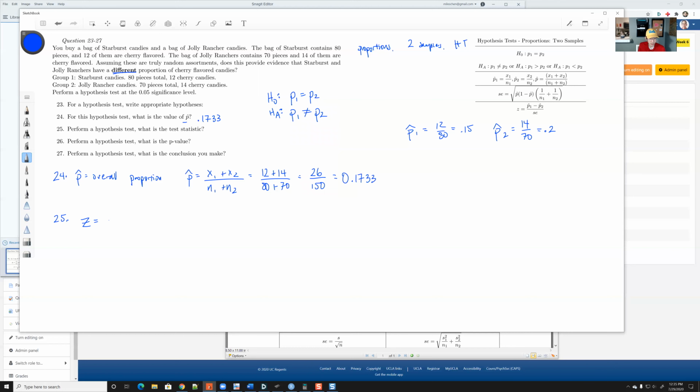So we've got p hat 1 minus p hat 2 over the standard error. Let's do our standard error calculation.